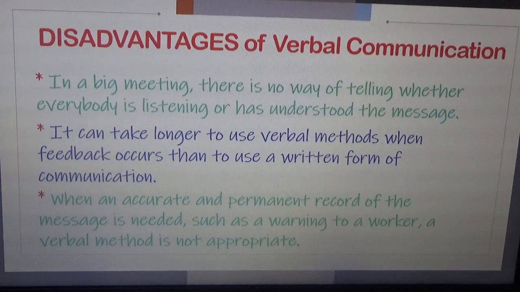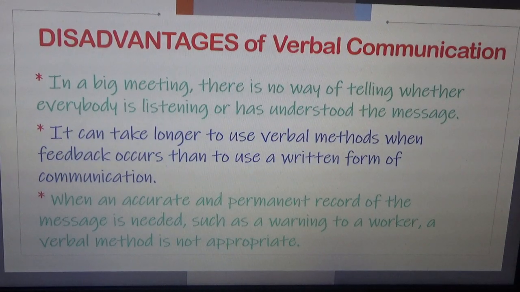And for the disadvantages of verbal communication, we have, like in a big meeting, there's no way of telling whether everybody is listening or has understood the message. Another disadvantage is that it can take longer to use verbal methods when feedback occurs than to use a written form of communication.